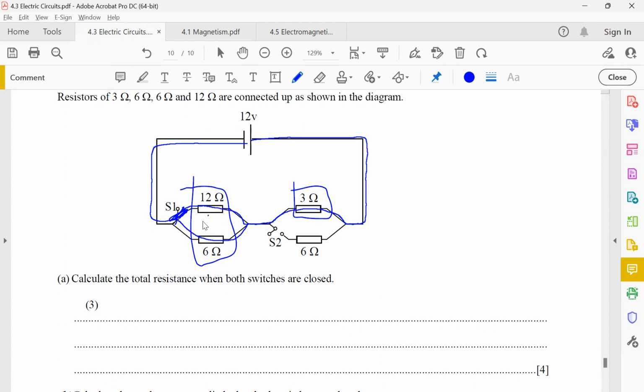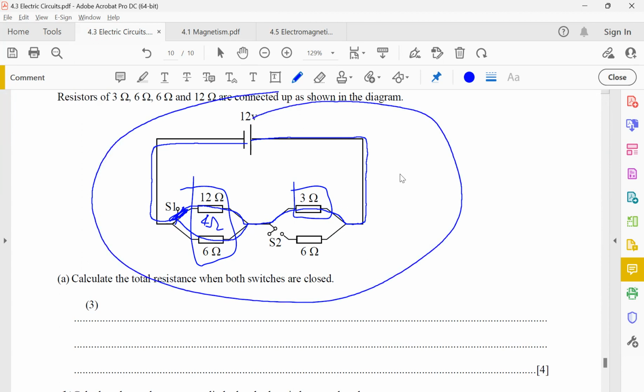Just now we already found that here is a total of 4 ohms, so I don't redo the calculation. The total resistance in this circuit is only 7 ohms. If I want to find the current in here, it's basically the current here because it didn't even split. So in other words, I need to find the total current. It's 12 divided by 7, which gives you 1.71 amperes.